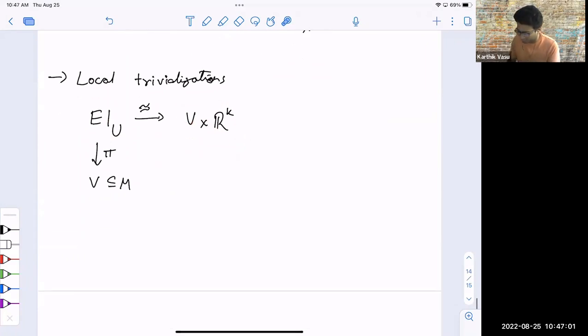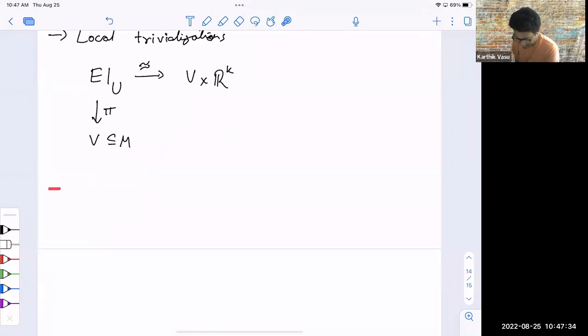Now since you have such a thing, you can choose bases here, and it fixes bases for each of the vector spaces. Fixing a basis here and changing the point will give you different bases for each point. It's a smooth way of fixing bases locally, so bases for each of the E_P.